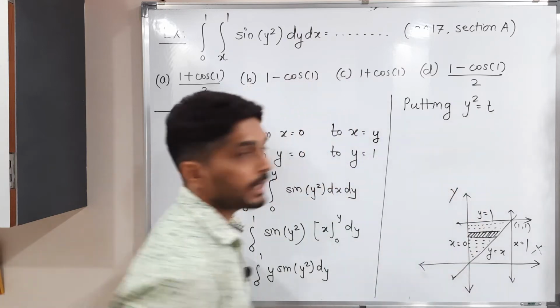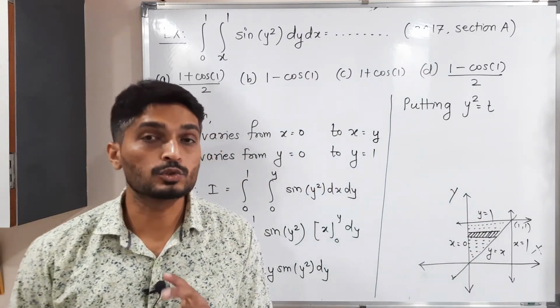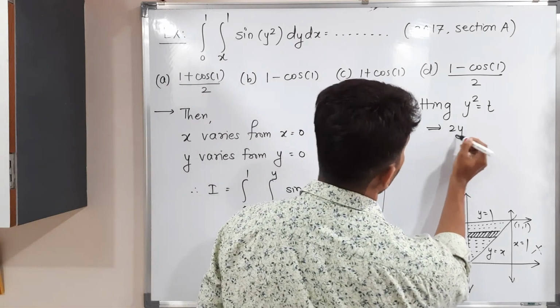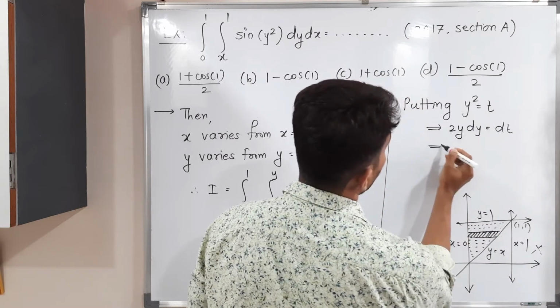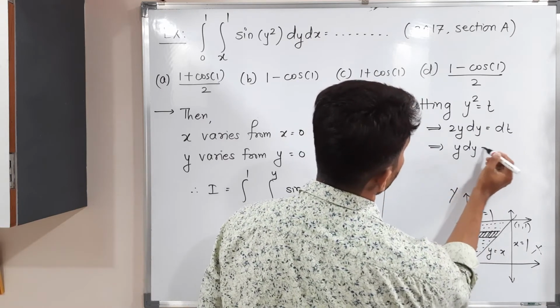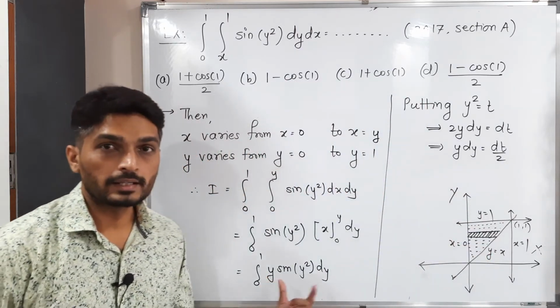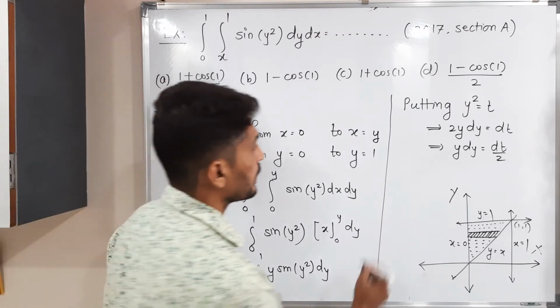When we put anything, our first task is to find its derivative and the second task is to change the limits. Let us find the derivative. Its derivative is 2y dy, and the derivative of t is 1, so dt. Therefore y dy is equal to dt by 2. See this term y and dy, that pair we can easily replace by dt by 2. Now let us think about the limits.